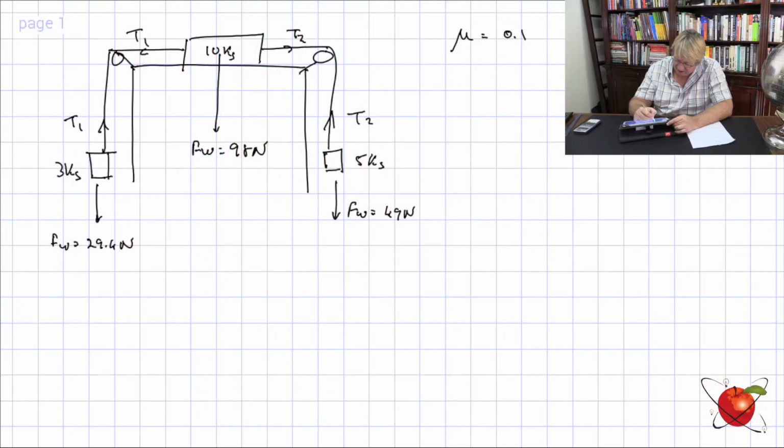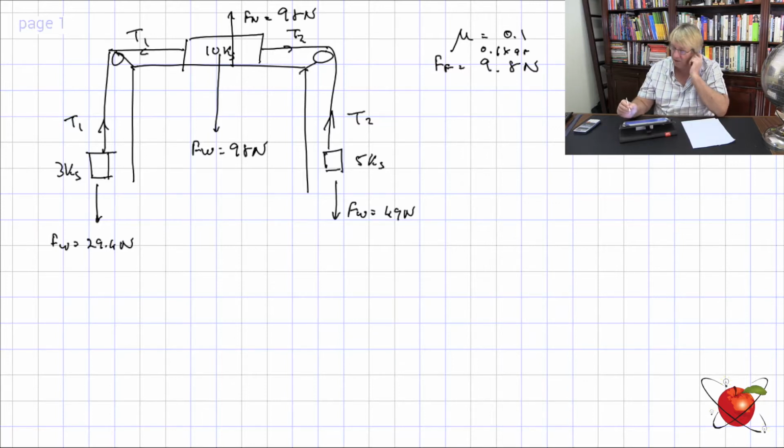I've got air resistance, but usually they say ignore air resistance. All right? So we've put in FW. Next thing, I'm going to put in F normal. In this case, it is going to be 98 newtons like that. And I can calculate FF is equal to 0.1 times 98, right? I probably should have done that, which gives us 9.8 newtons.